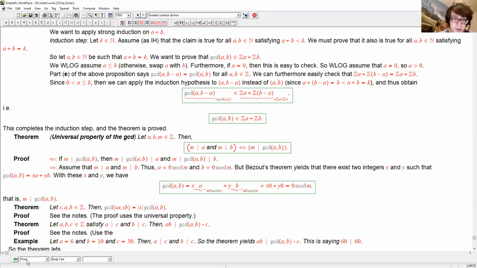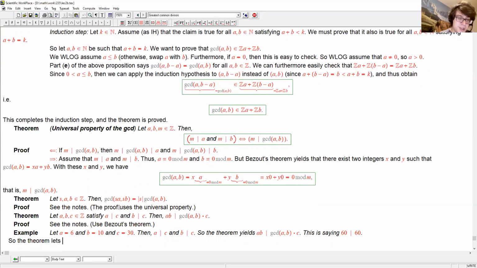I think you can use the universal property. Well, I use Bezout's theorem. I think it's easier here. So the theorem is interesting in that it lets you swim upstream. What I mean is the following. In a way, the source of all divisibilities is the statement that A divides A. I generally think a divisibility is upstream of another if the ratio is smaller than the other one.